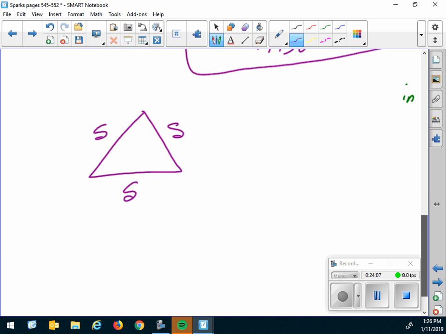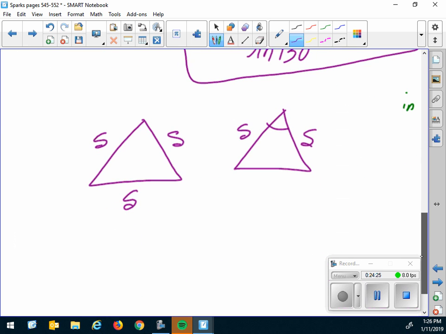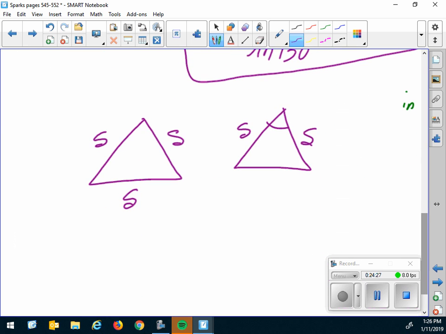Can I use law of sines if I know side and an angle and a side? Do I know an angle and its side? An angle and its side, an angle and its side. That's right. That's exactly right. So, can I use law of sines to solve a side angle side triangle?